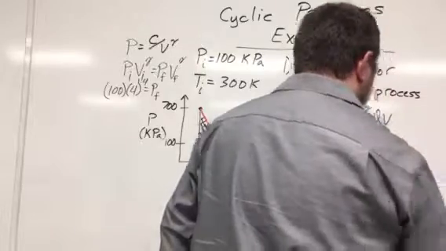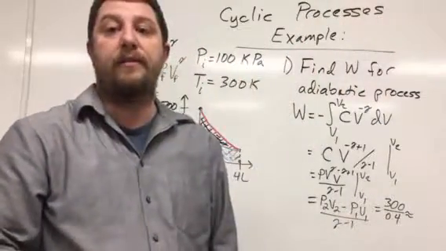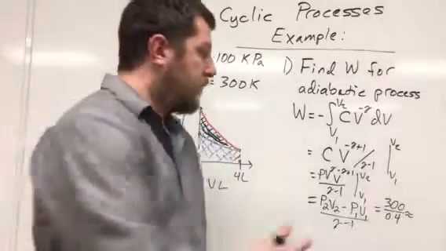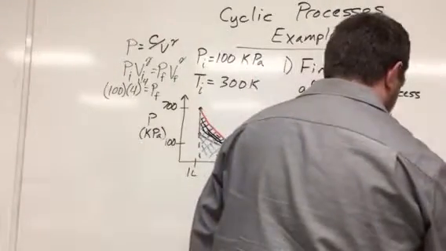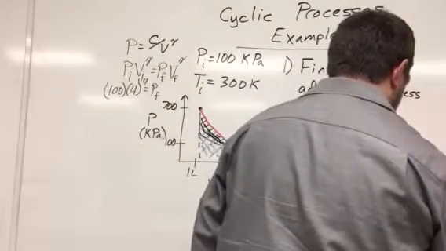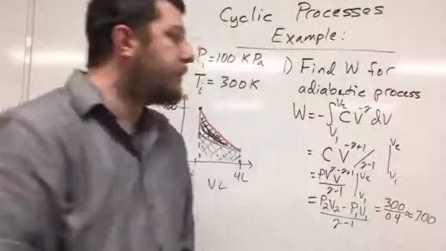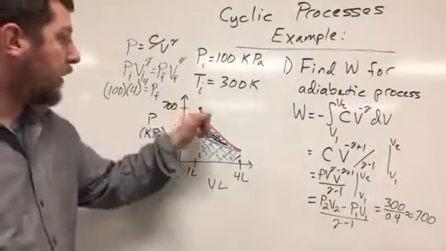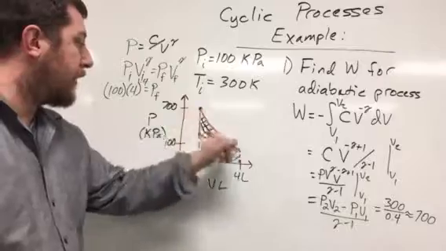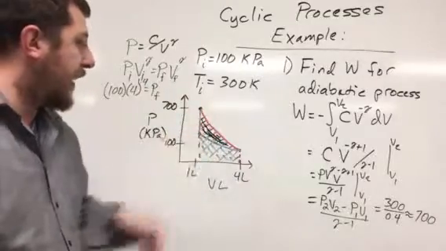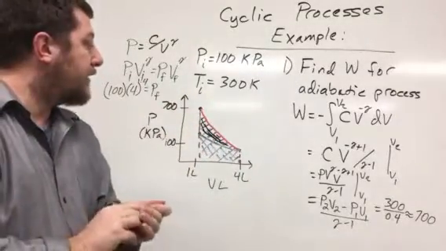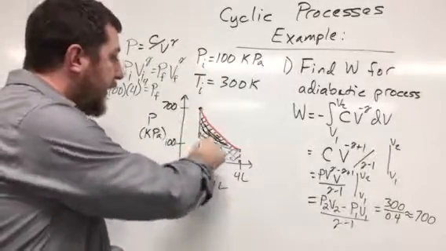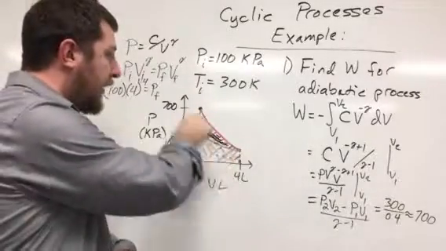And the result is a little over 700, all right? We'll go with 700 for now, but it's a little bit over 700. So that's how you can find the work underneath this adiabat, and that represents the entire area under the red line here.